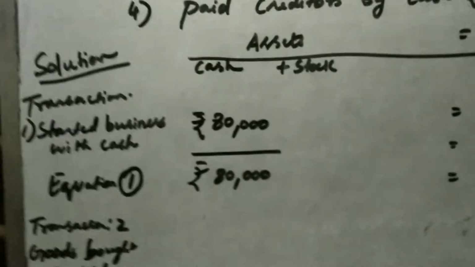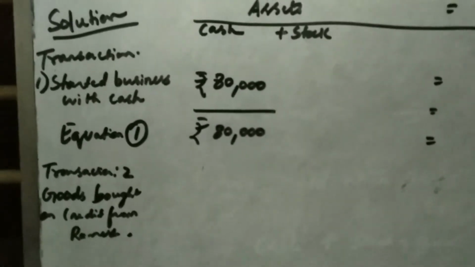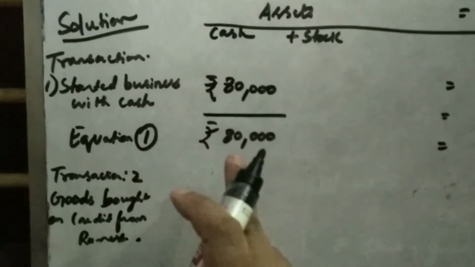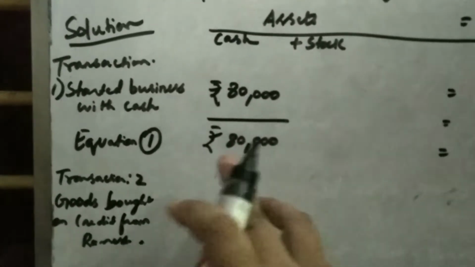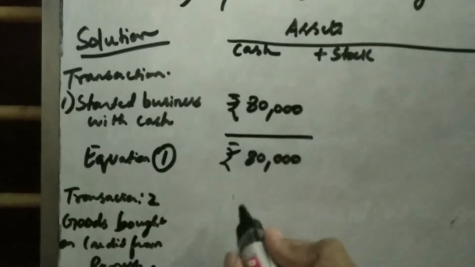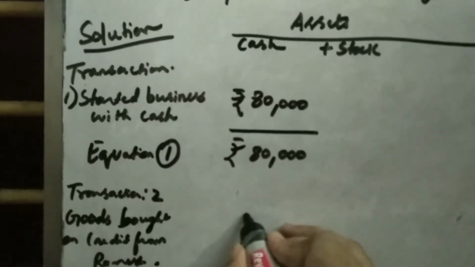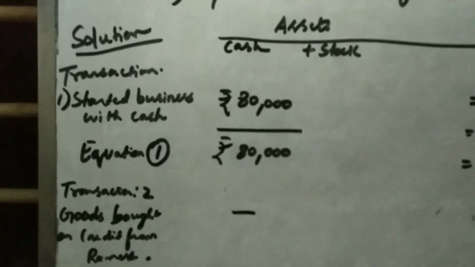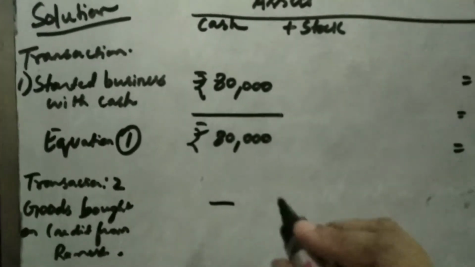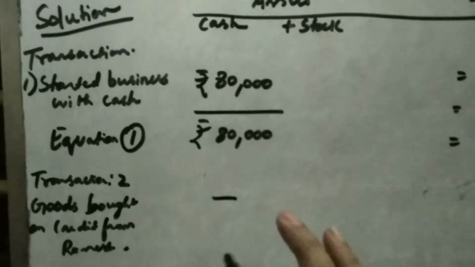In case of a credit transaction, there is no need of cash. Cash is not involved in a credit transaction. So when you are not making any changes with the cash, you just put a dash. It is nil. There is no change with respect to the cash.